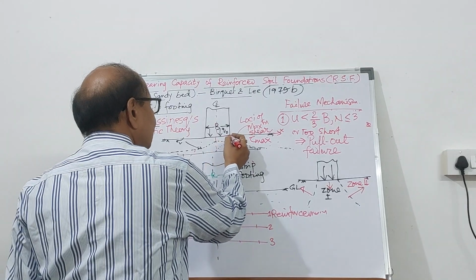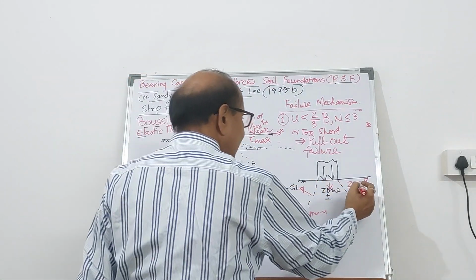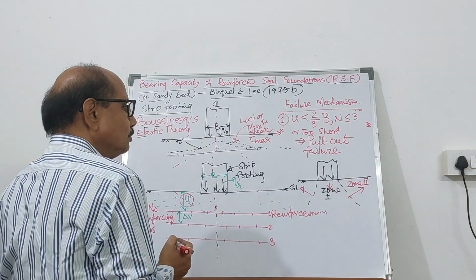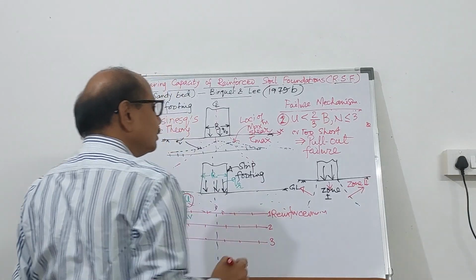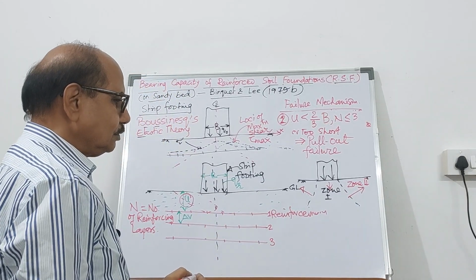So below this loci of maximum shear, it will be pulled out, and therefore this is the second type of failure that can happen.